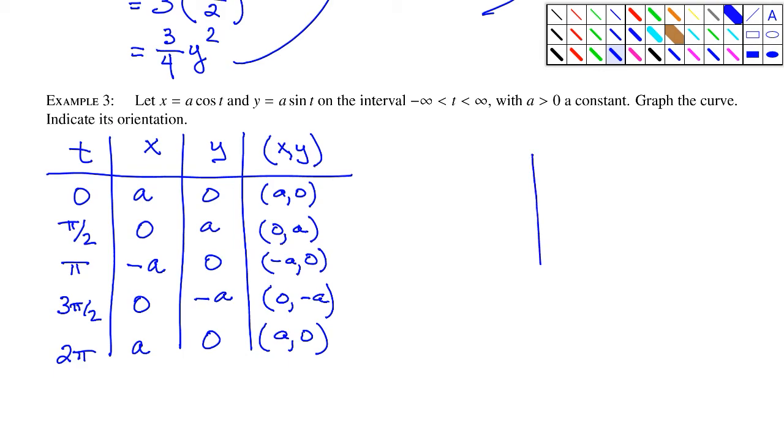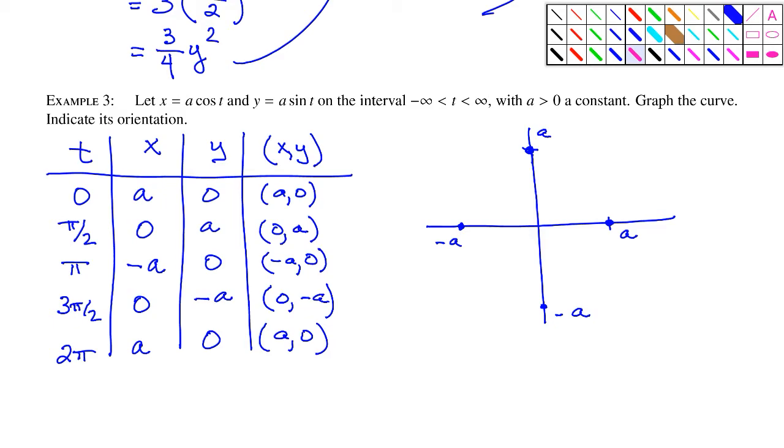If I were to graph this in the plane, we would start at a comma 0, and we know that a is positive, so it does go out to the right. Then we would go to 0 comma a, then to negative a comma 0, and then to 0 comma negative a.